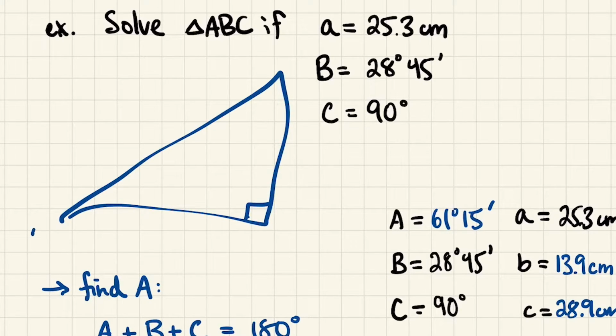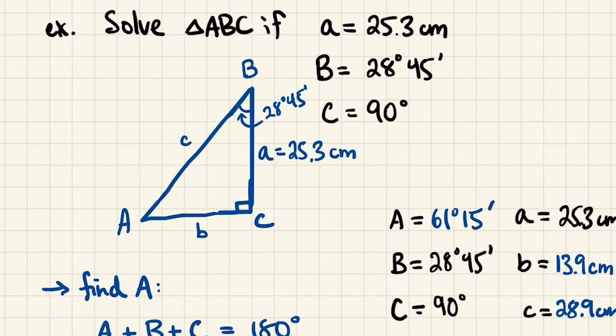All we have to do is make sure that the side lengths and vertices are labeled appropriately relative to each other, so that A is opposite A, B is opposite B, and C is opposite C. And as long as you understand, like say just calling this guy 28.45, and as long as you understand SOHCAHTOA, then you're able to put all the lengths together using trig functions and determine all the other lengths, and your calculator will do the work. So while I do think it's a good idea to try and practice interpreting the triangle correctly, I wouldn't sweat it though.